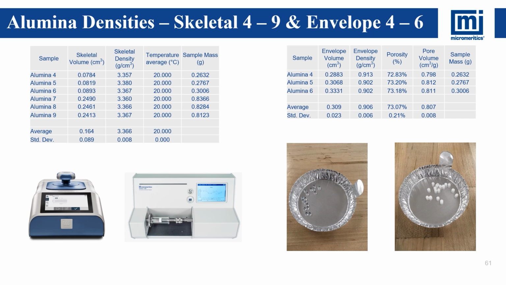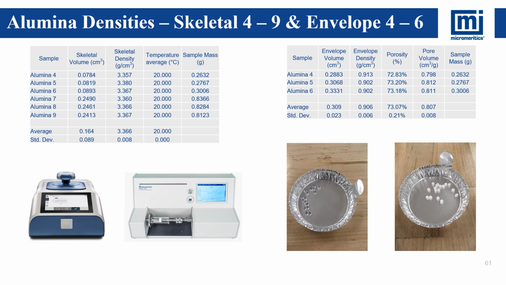So if we knew the skeletal volume of these, we could characterize them with the GeoPyc using the dry flowing material, and we could come up with a conversion factor that would equate the envelope volume to the known skeletal volume of these beads. Since they're about the same size as our porous alumina, and since they're the same number of beads, then we would expect the dry powder to pack around these the same way it would our material under test.